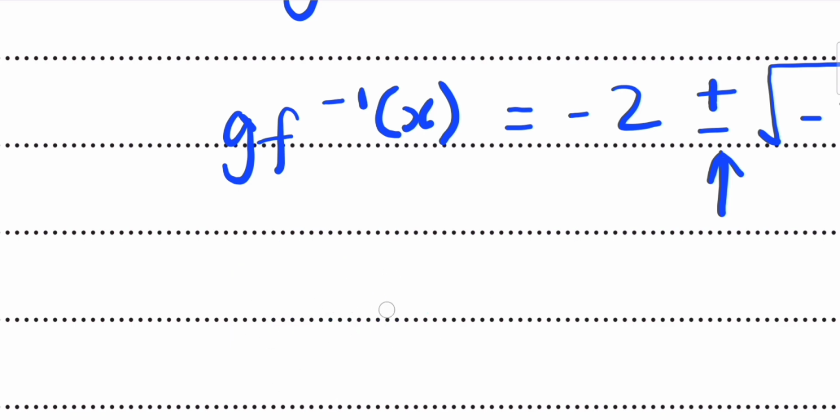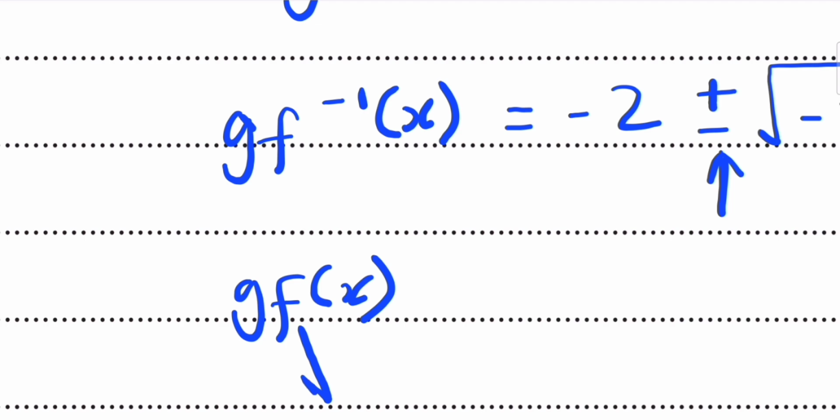I'll check that again. This is the inverse of gf of x, right? And for gf of x, we're only considering the domain of the inner function f of x, and we're saying that domain is equal to the range of the inverse of gf of x.